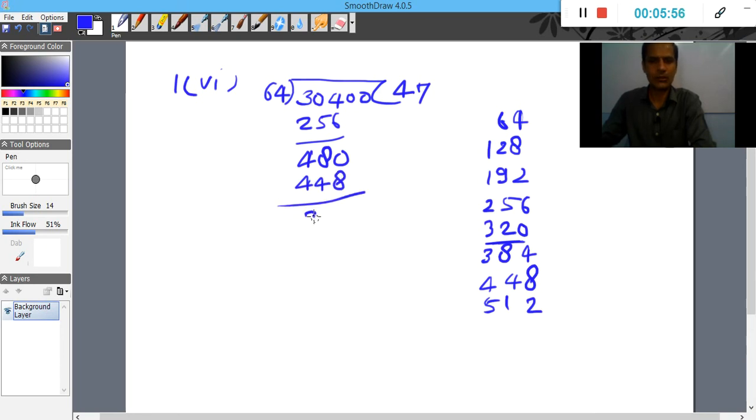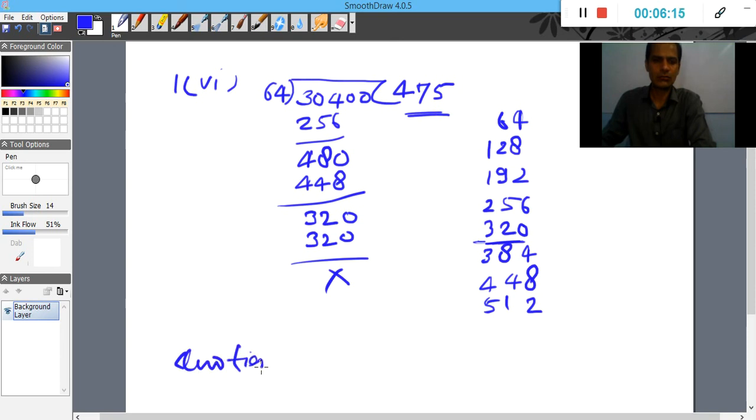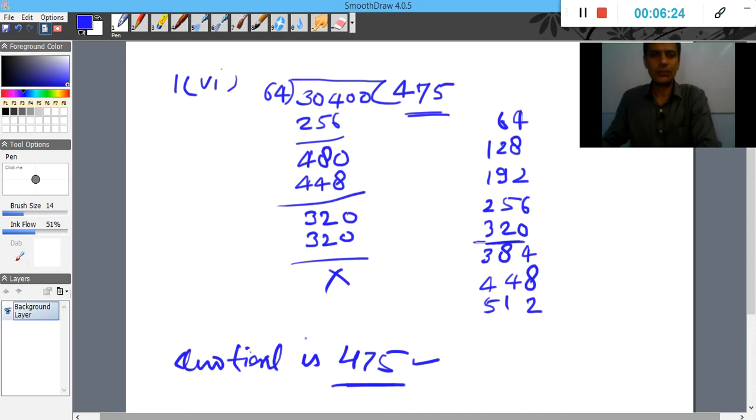After subtraction you have 32, copy this last 0, we have 320, and from the table it is 5 times. So it is 5 times 64, 320, remainder is 0. So the quotient will be 475. You can write your answer. Quotient is 475. Okay students, so first question is completed.